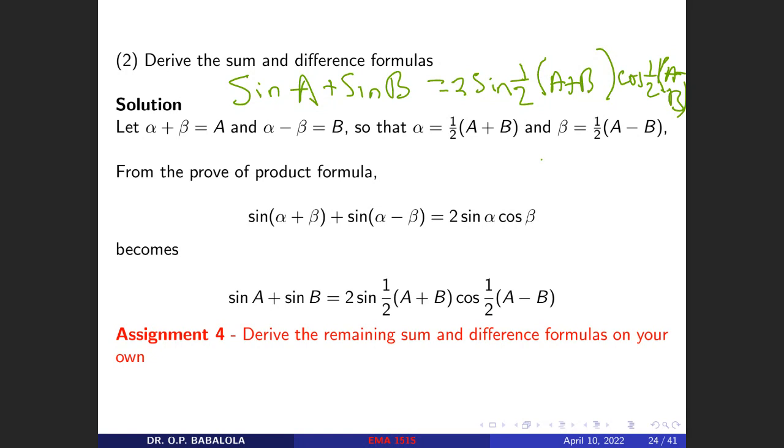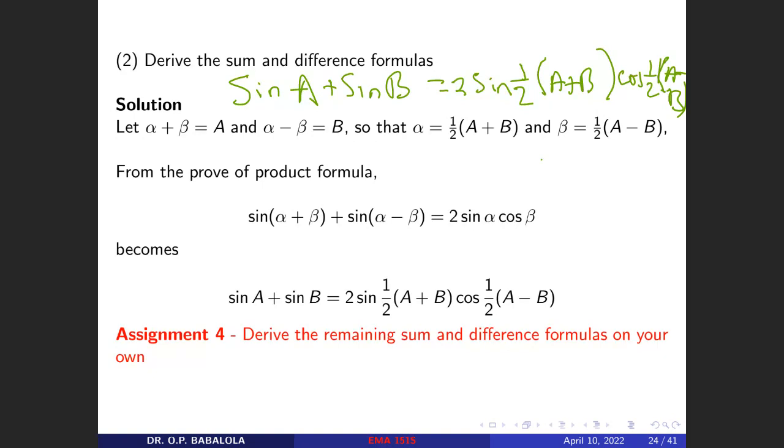Because we want to derive the sum and difference formula. We have a sum of two angles, represented as A, and a difference of two angles, represented as B. Therefore, alpha is half A plus B, and beta is half A minus B.